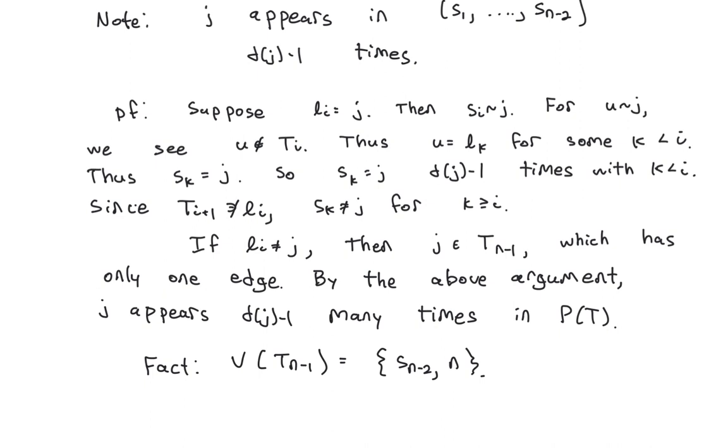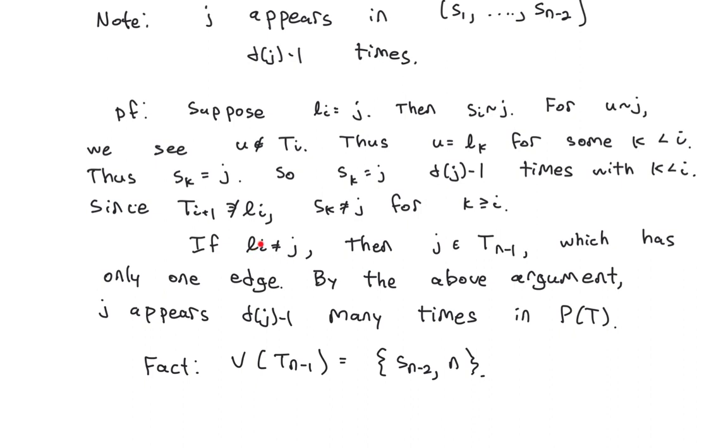So we see that J appears d(J) minus 1 many times. Moreover, since we remove J from the next tree, we know that J can no longer appear in the sequence after that point. And so that proves the result if we've removed J at some point in the algorithm.